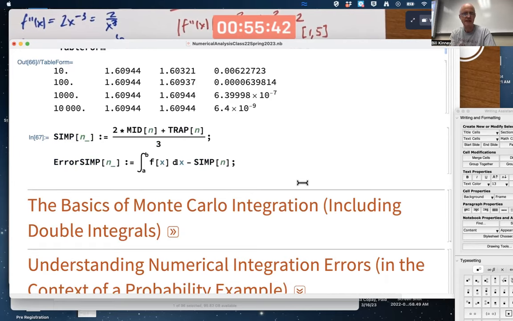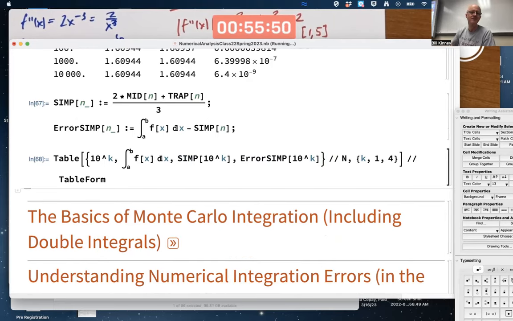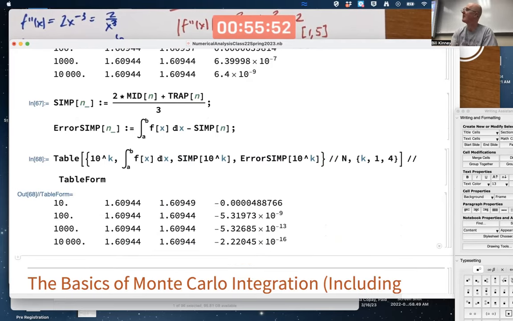And what happens with its errors as n increases by a factor of 10 each time? They go down by a factor of 10,000. What's that? That's about 5 times 10 to the negative, what? 1, 2, 3, 4, 5.